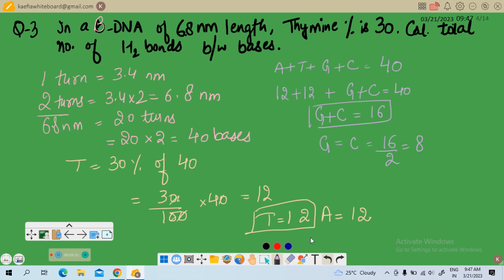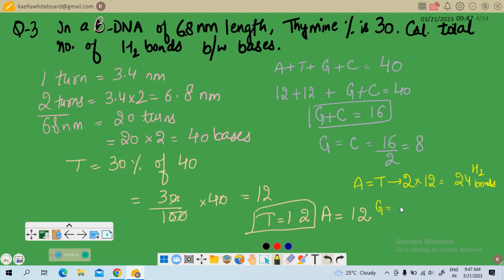Okay, so now A is equal to T, so that will be 2 into 12, 24 hydrogen bonds.